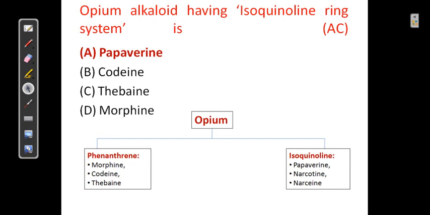So the correct answer is papaverine. Papaverine has an isoquinoline ring. Other examples of isoquinoline ring are narcotine and narceine, which are also present in opium alkaloids.